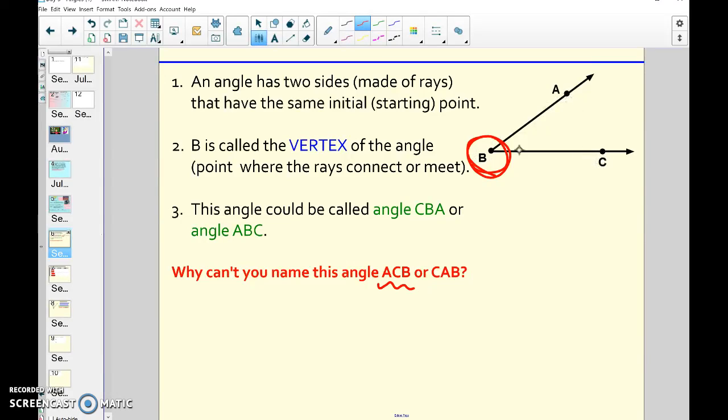If I go ACB, that's not even tracing the angle itself. So make sure the vertex is always in the middle. And I believe you wrote that on your other notes, so you can either rewrite it if you want or use that one for reference. But that's very, very important when you're naming it. We're going to talk about that a little bit further.